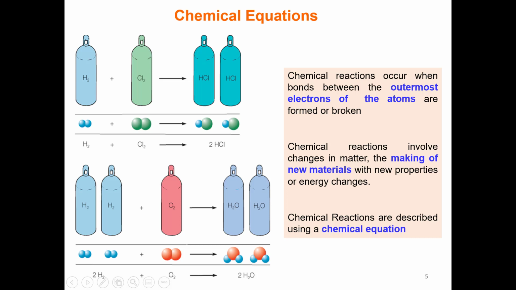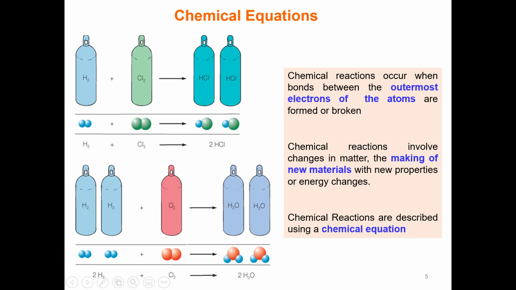They react and form hydrogen chloride. Then we can say one molecule of hydrogen gas reacts with one molecule of chlorine gas, and when they react, what we obtain is 2 molecules of hydrogen chloride.